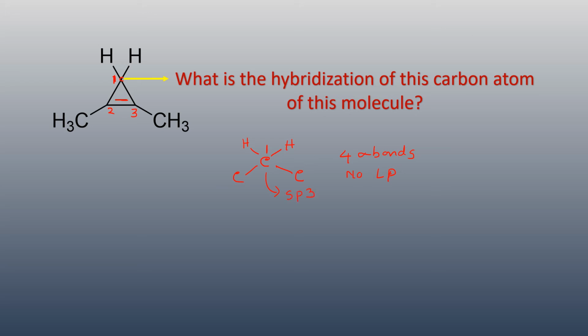And just for your information, C2 and C3 carbon, there is a double bond between C2 and C3, and C2 carbon is attached with one methyl and one carbon, and C3 is also attached with one methyl and one carbon.